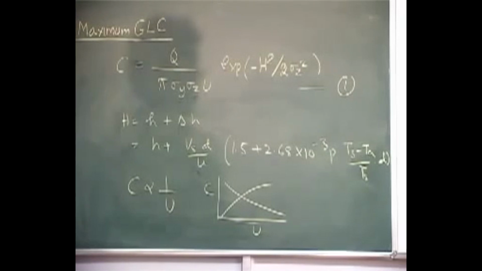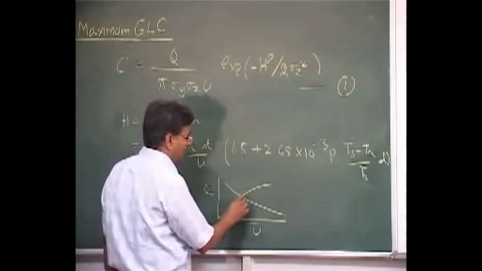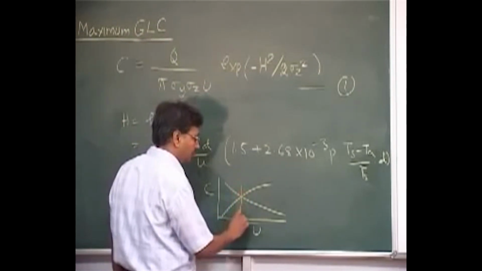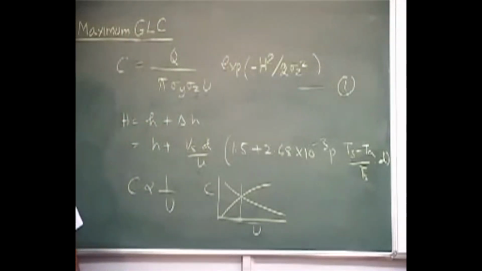So, what you will find is that a maximum concentration may occur at some particular U, right. So, U is not as simple a term as we thought.